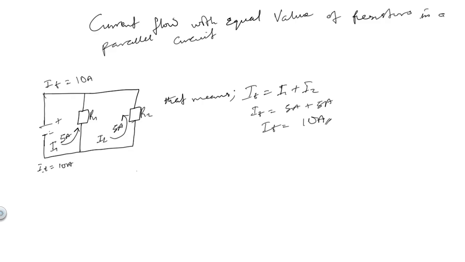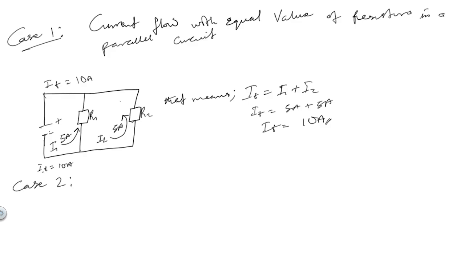Alright, let's now dive into another case scenario where current flows. Note, in this first case, current flows through equal values of resistors in a parallel circuit. So the next case scenario here is, this is case 1. Let's label it as case 1. So let's have this as case 2.